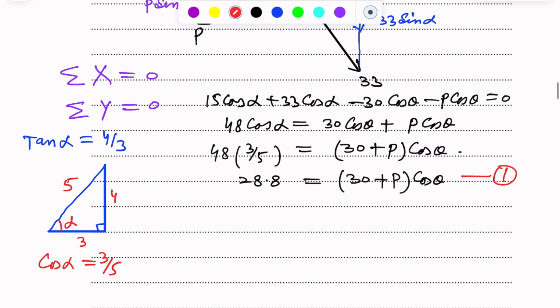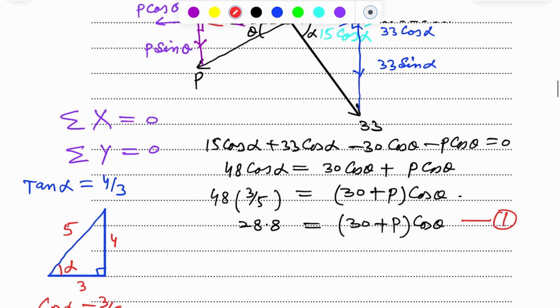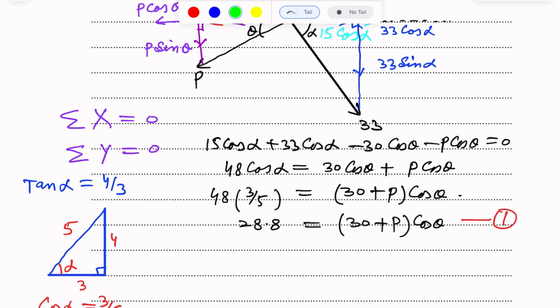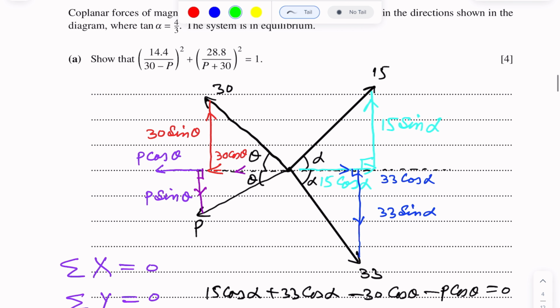Now we will find the sum of vertical forces and equate it to 0. These are the vertical forces. These are two upward forces, and these are two downward forces.